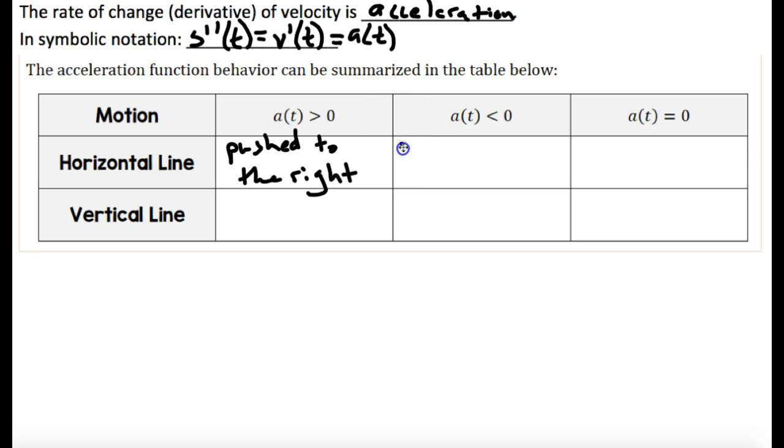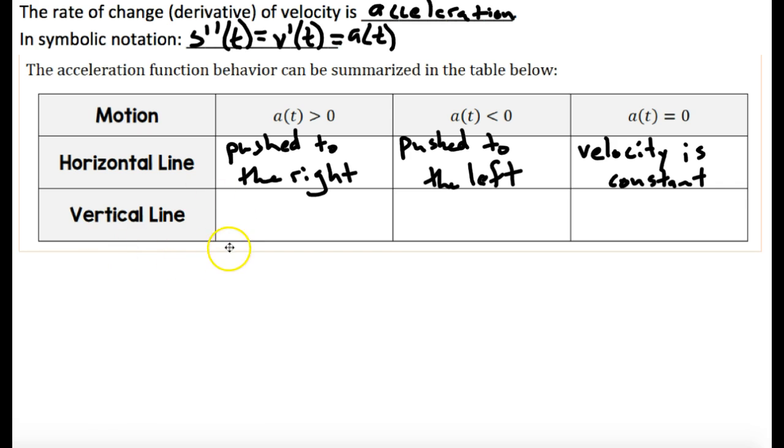If my acceleration is negative, I am being pushed to the left. Now, if acceleration is zero, that doesn't mean I'm stopped. If acceleration is zero, that means velocity is not changing, or we can say velocity is constant.